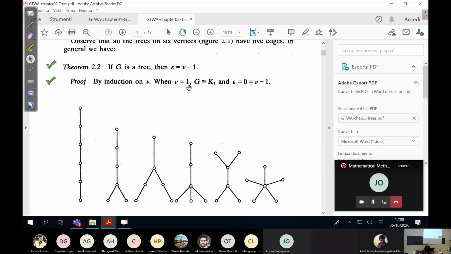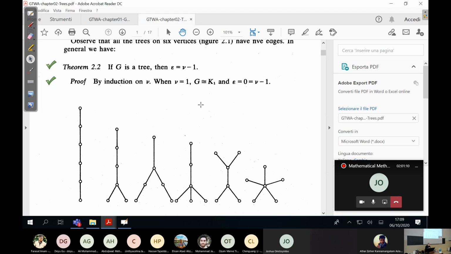The inductive base: ni equal to 1, so we have just one vertex. Then it has to be acyclic, this graph with one vertex. What with one vertex? Either you have no edges or you have loops. And if you have even just one loop, you do have a cycle.